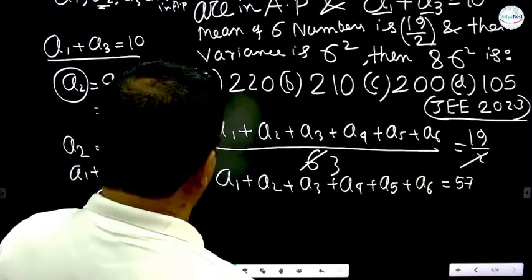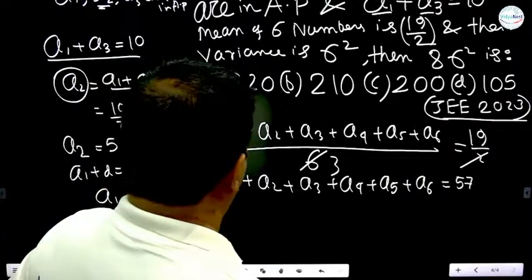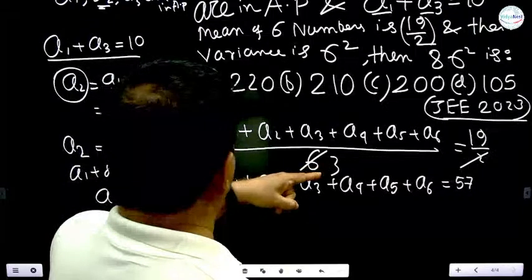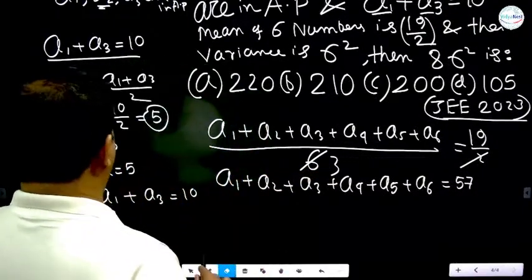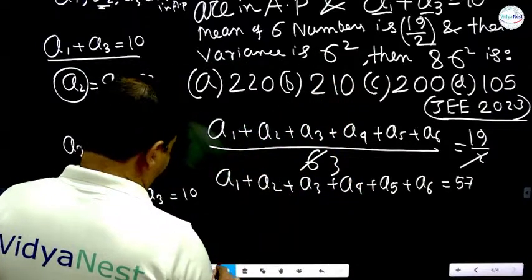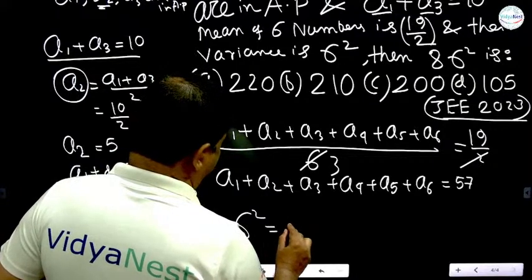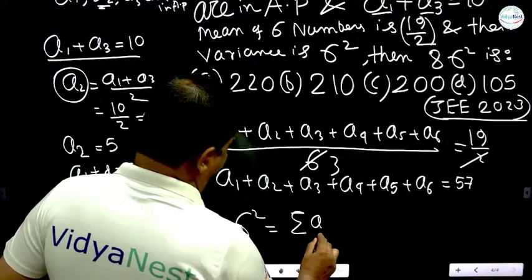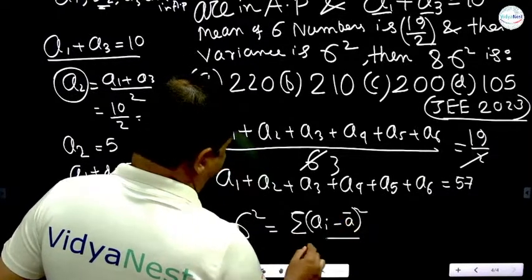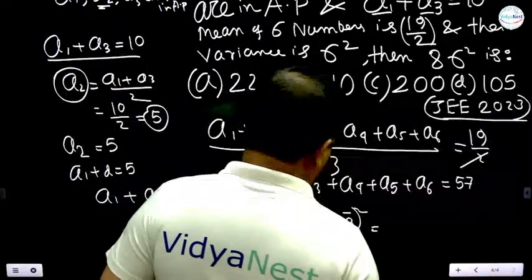Now सिग्मा निकलना है. सिग्मा है क्या? A1 इसका मीन जो है, मीन है 19/2. So from each term you have to, अच्छा, variance निकलना है. What is sigma square? Sigma square is summation of AI minus A bar whole square by 6, because here 6 terms are given.